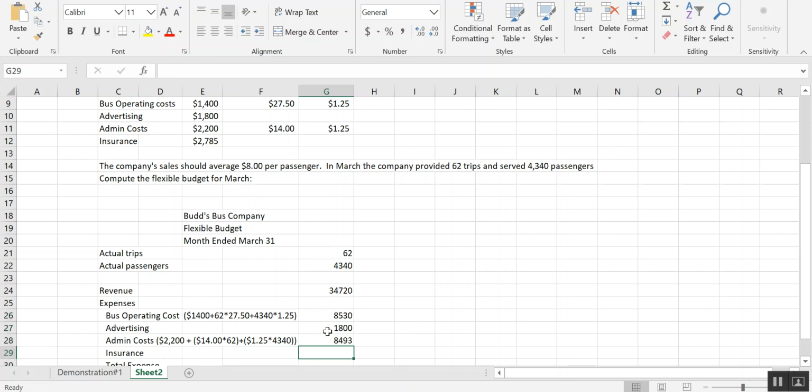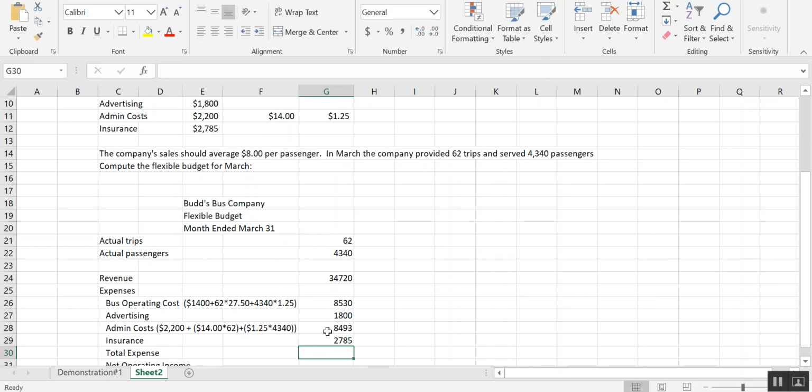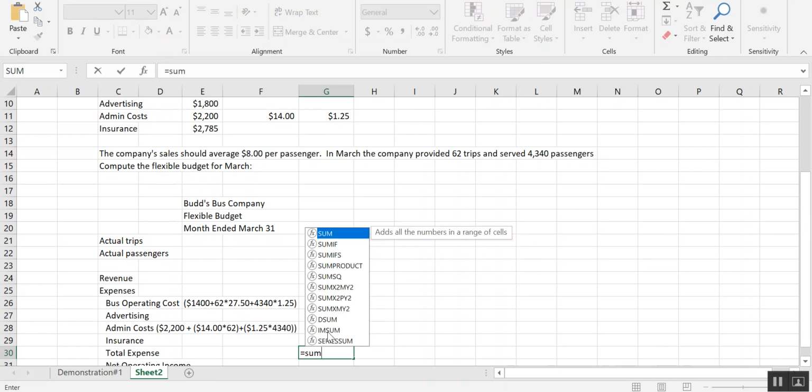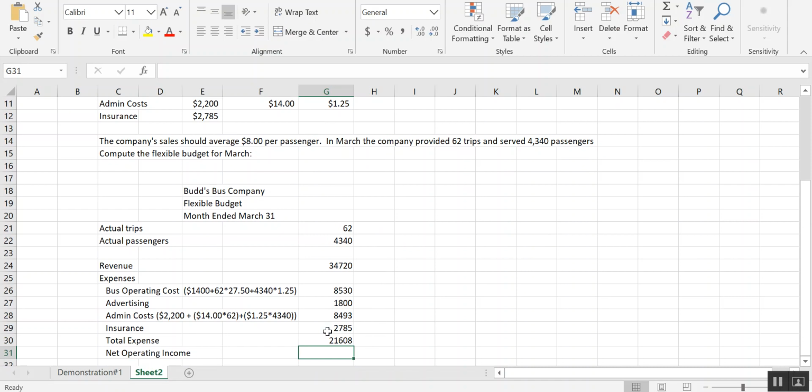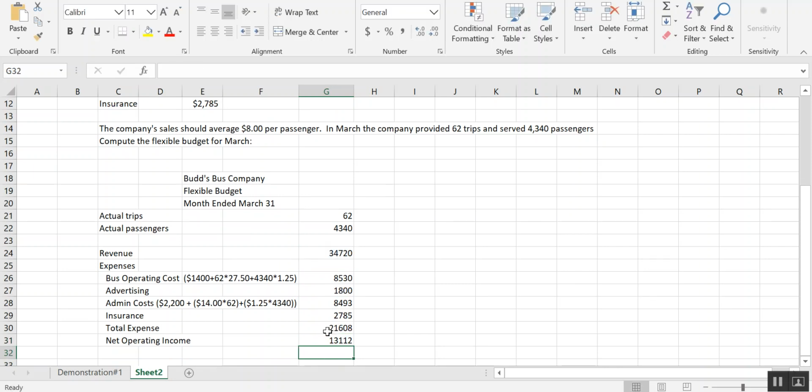And then the insurance we have is a flat rate, $2,785. And so our total expense then, we'll sum these up. We have a total expense of $21,608. So that means our net operating income after revenue is $13,112.